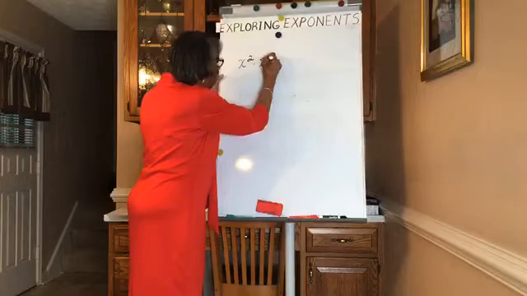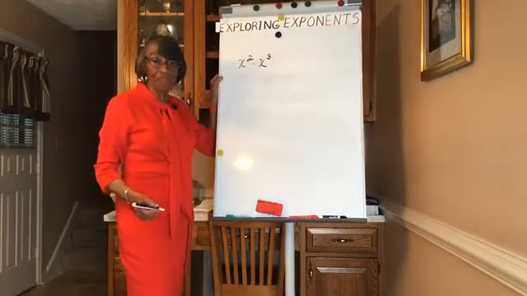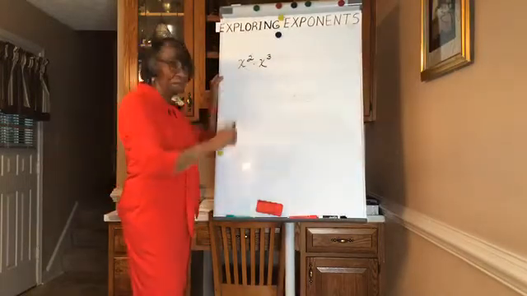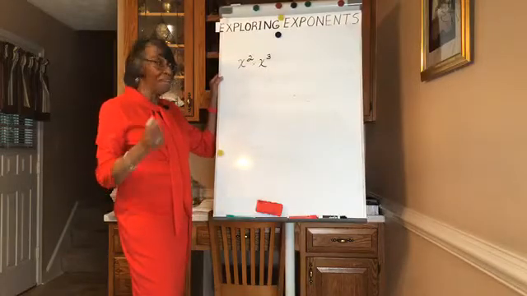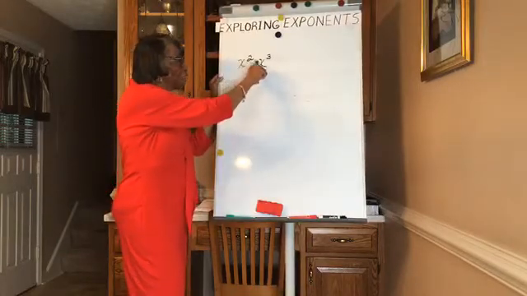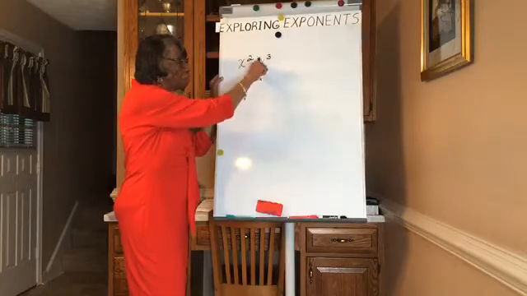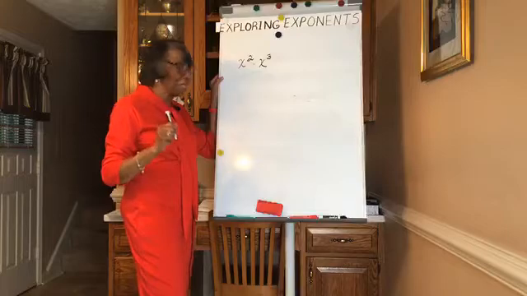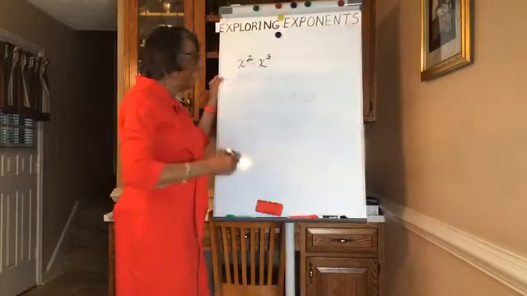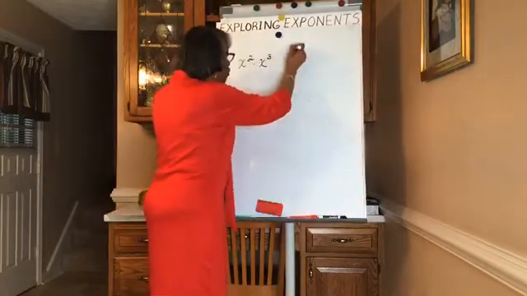X to the third power is usually said x cubed, and x to the second power, it says x squared. But it would be all right if you said x to the second power times x to the third power. Okay, what do you think that would be? So let's expand it. I'm going to work over here.